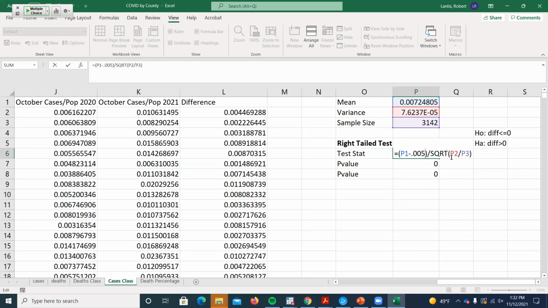So basically this is like 0.5%. Has the change been 0.5%? So instead of using that assumed true difference of 0, now I'm saying not only have cases increased, have they increased by more than 0.005, 0.5% of the population.